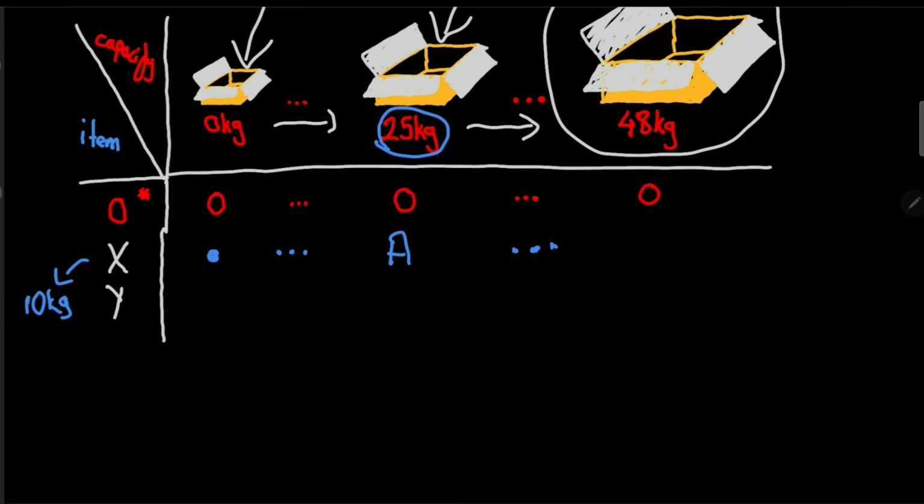Then after completing the whole row for X, we move to another row which stands for another item called Y.